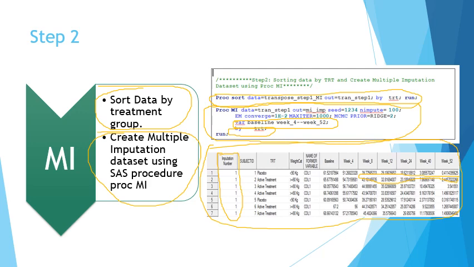This is related to the number of imputations you have defined in PROC MI. So it is creating 100 datasets with different values for each treatment group where we have missing values. We can proceed with step number 3.